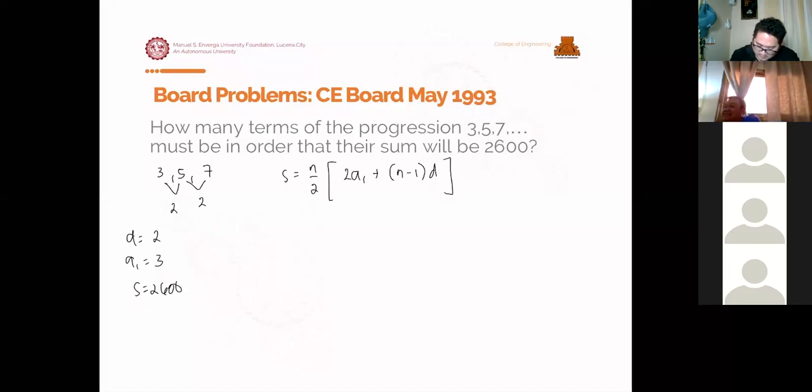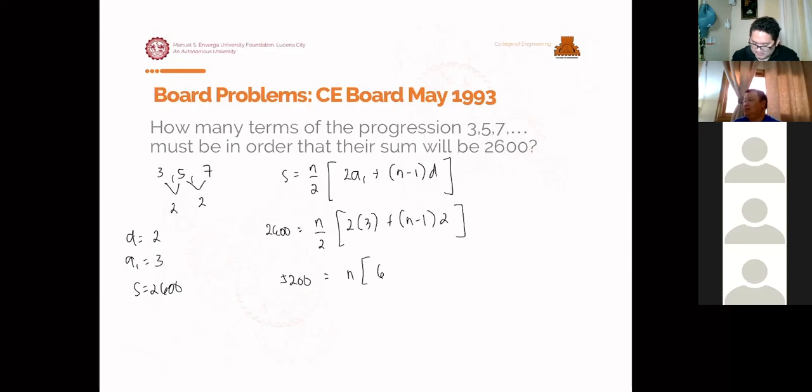So, substitute natin: 2,600 equals n over 2 times 2 times 3 plus n minus 1 times 2. Cross multiply natin, we have 5,200 equals n times 6 plus 2n minus 2. Simplify, equals n times 4 plus 2n, so 5,200 is equals to 4n plus 2n squared.